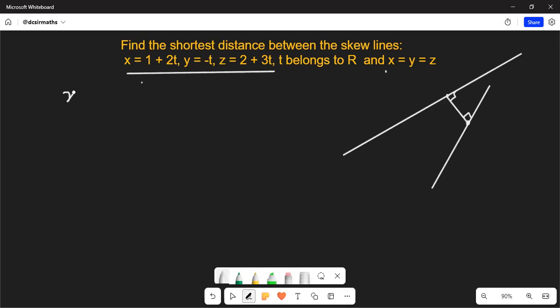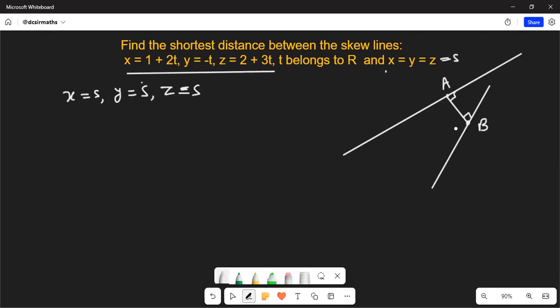Can I say X, let each one of this be equal to S. So I can say the second line as X is equal to S, Y is equal to S, and Z is also equal to S.